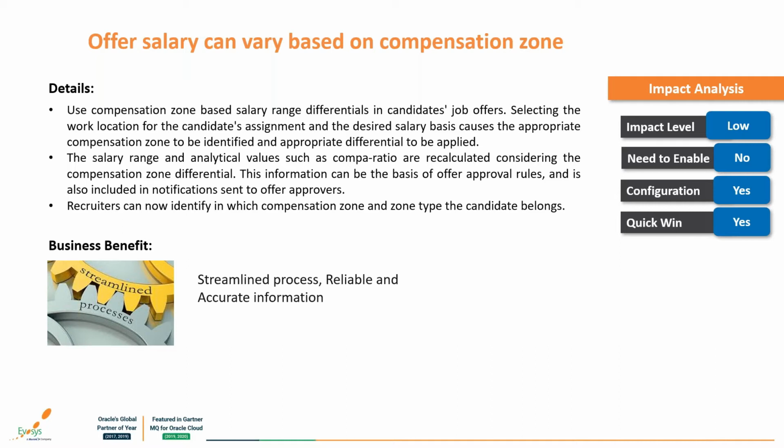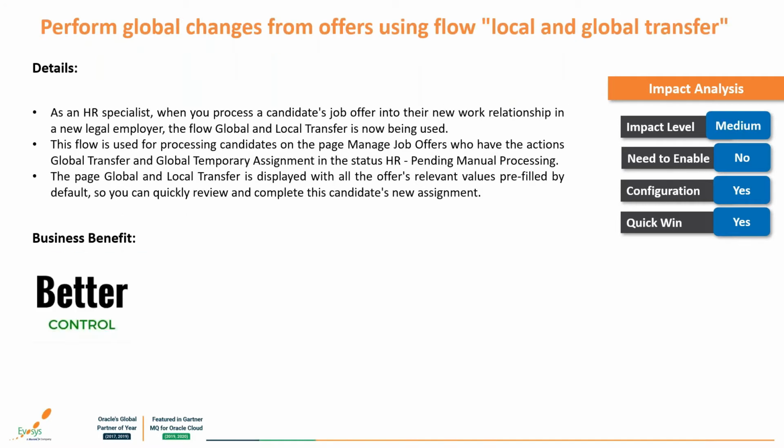So moving forward to the new feature which is related to Oracle Recruiting Cloud only, which is perform global changes from your offers using flow, local and global transfers. So, as an HR specialist, when you process a candidate's job offer into their new work relationship in a new legal employer, the flow, global and local transfer is now being used.